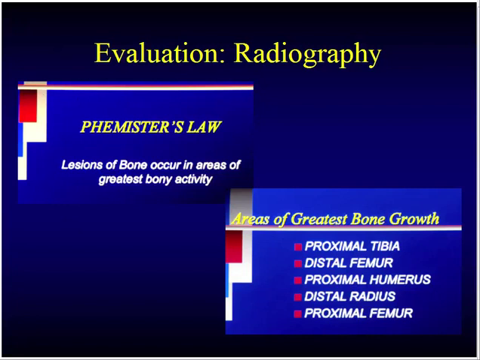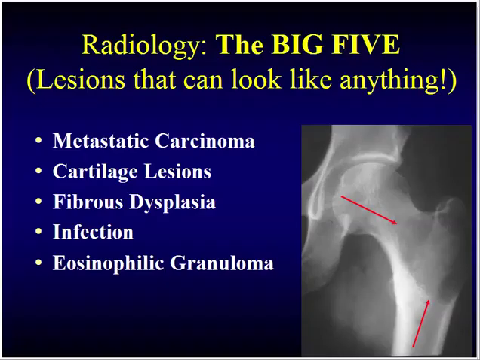All right, and this is a good pearl for you. My residents can all spout it off the top of their head after about day 2 of their PGY2 year: the big 5 that can look like anything. If you get called up to look at a bone lesion, or you're a visiting professor next year at your alma mater, and somebody throws this up there and says, all right, Dr. Smith, we've got this bone lesion here, what is it?